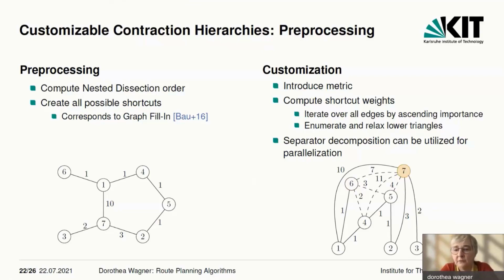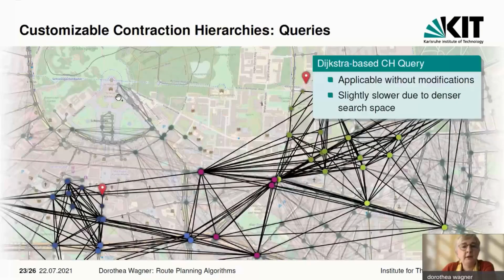So to be faster in this part of the preprocessing, we can just use several cores in parallel. Okay, when we apply this customizable contraction hierarchies in our Karlsruhe graph, it looks like this. It's a little bit disturbing.